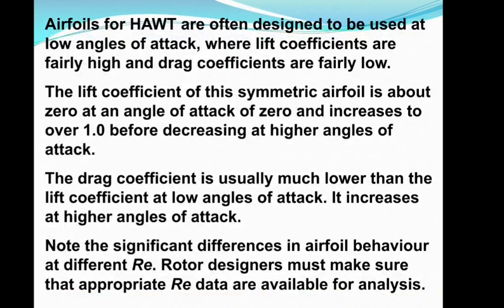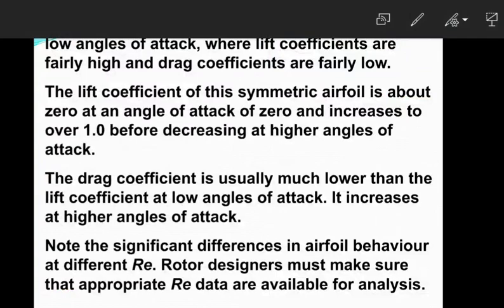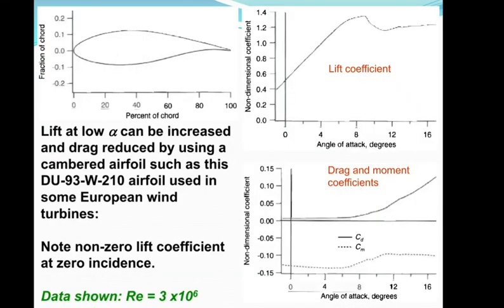It increases at higher angles of attack. Next, this is how we can represent the lift at low angle of attack, which reduces the drag force using a cambered airfoil.